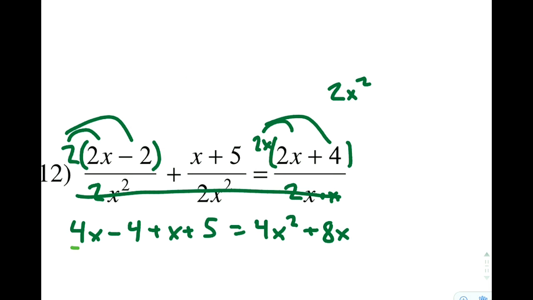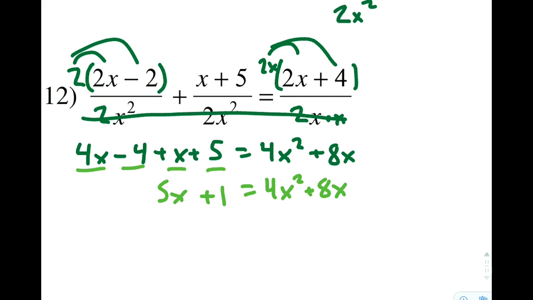So to do that, let's combine our like terms first to get 5x, and our like terms negative 4 and 5 to be a positive 1. Then I'm going to subtract 5x from both sides and subtract 1 from both sides. And I'm left with 0 is equal to 4x squared plus 3x minus 1.